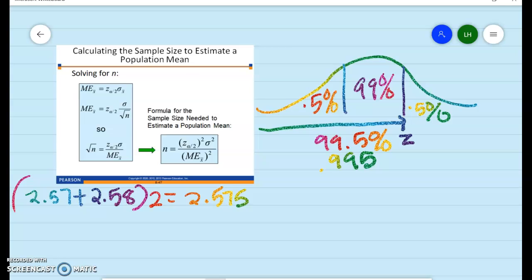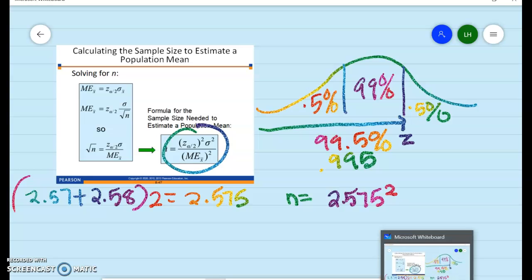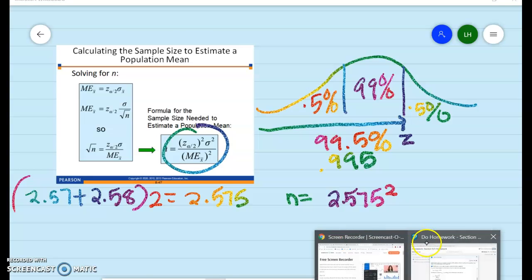So there is z. Now, we're looking at our formula here. We're going to square z, and then the standard error of the mean, we have to calculate that. Actually, no, it's the standard error squared, because we don't have n. We're trying to find n.